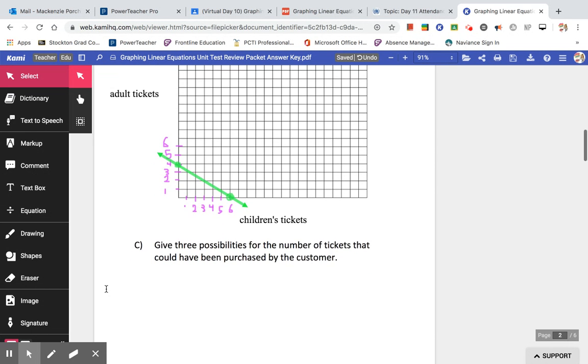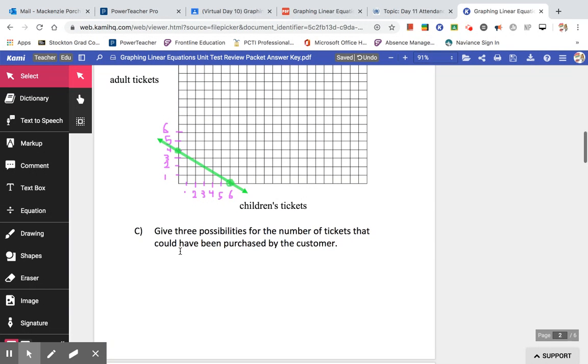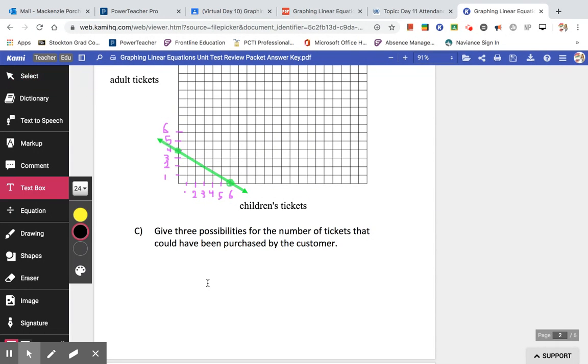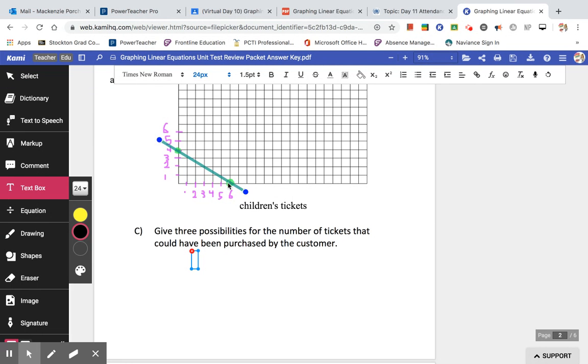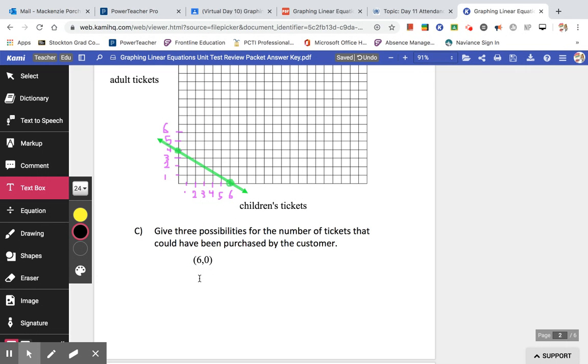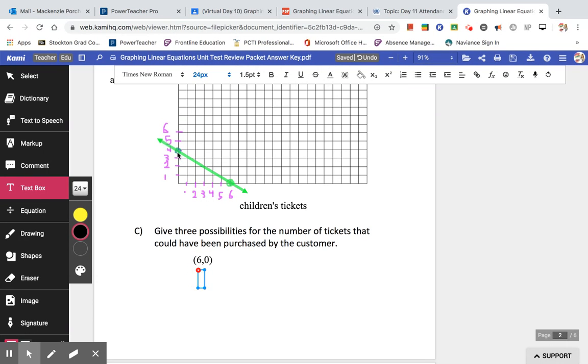And then for part C, it's saying give 3 possibilities for the number of tickets that could have been purchased by the customer. So you're just looking for 3 different points on the line. We already have 2 points because that's what we used to graph. This point is over 6 and up 0, so 6, 0 is a point. Another point is the one we plotted over here, 0, 4. And you have to find a 3rd point on the line.